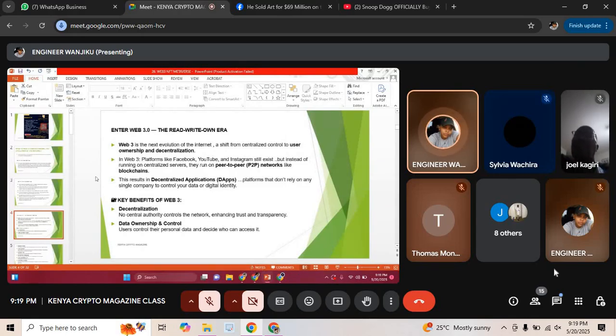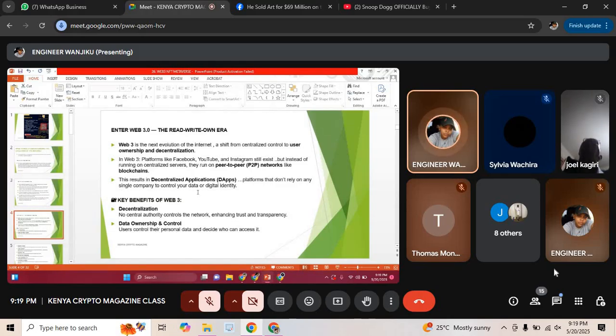Now, in Web3, platforms like Facebook, YouTube, Instagram still exist, but instead of running on centralized servers, they run on P2P networks like the blockchain. Now, this results in decentralized applications, the dApps: platforms that do not rely on any single company to control your data or digital identity.